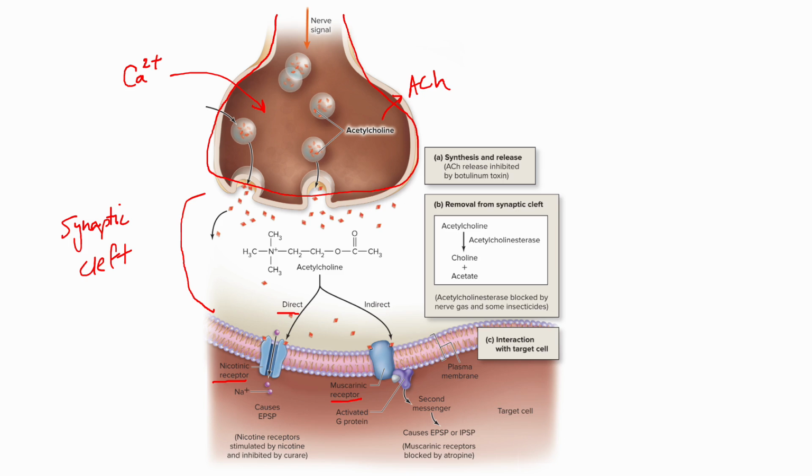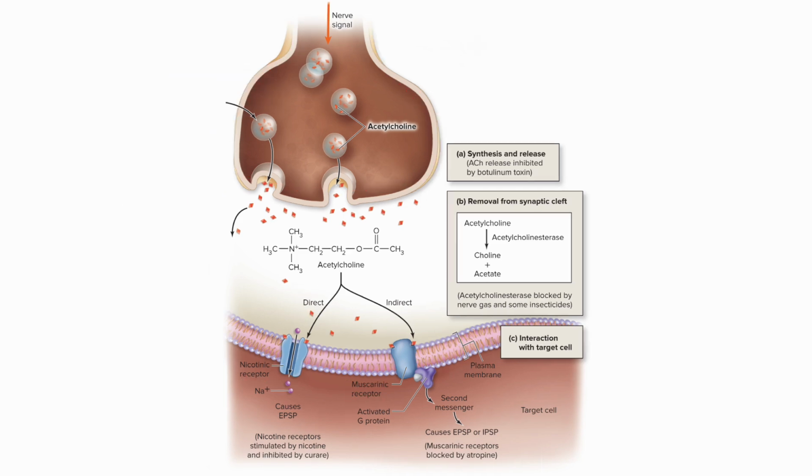Now, another thing that I want us to see is that the acetylcholine is released into the synaptic cleft, but it shouldn't stay there indefinitely, right? There needs to be a way to remove it so that it's not always triggering a response by that receiving neuron or muscle cell. So one other important thing I wanted to point out is this enzyme right here, acetylcholinesterase.